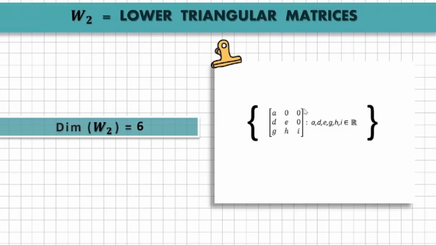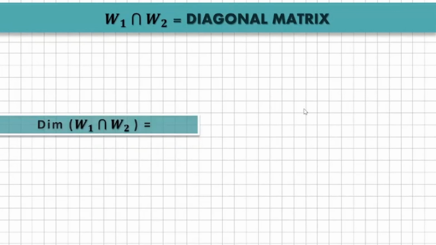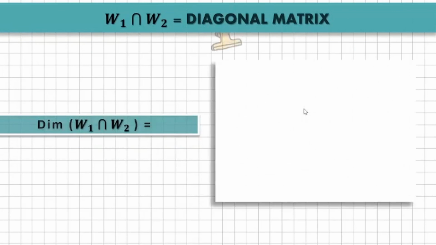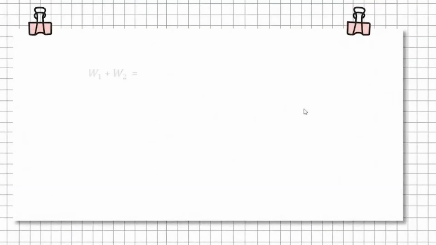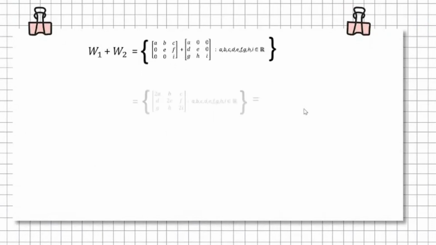What is W1 intersection W2? Can anyone think of it? The diagonal matrices. Yeah, W1 intersection W2 is the diagonal matrices. What is the dimension of the diagonal matrices? 3. Yeah, 3. Now, what is W1 plus W2?